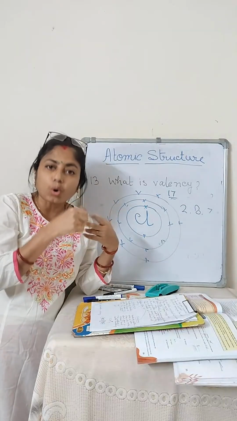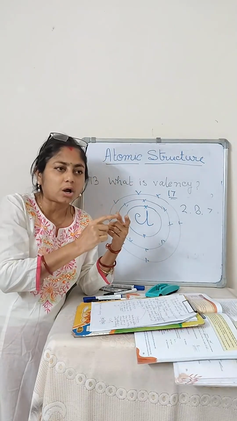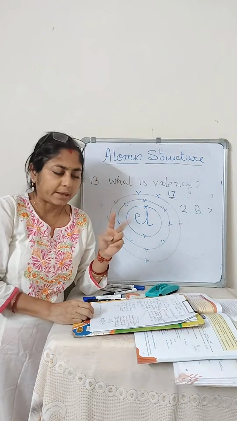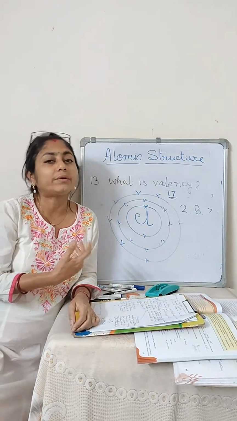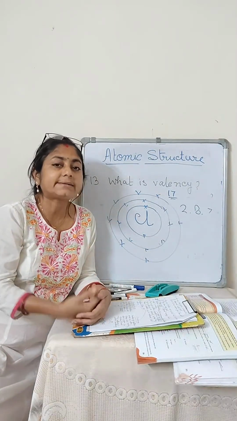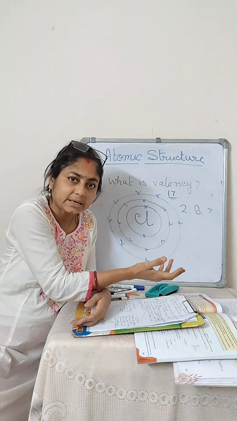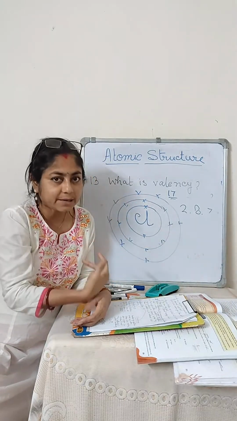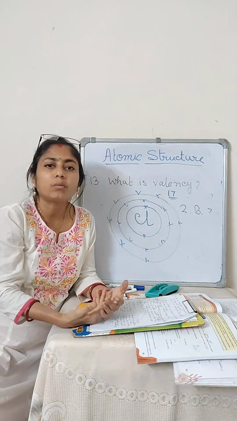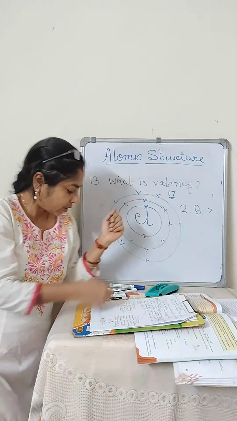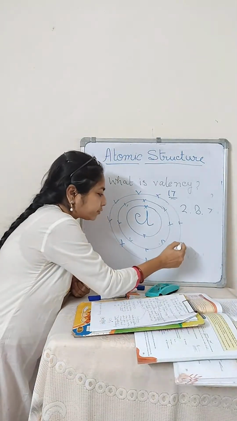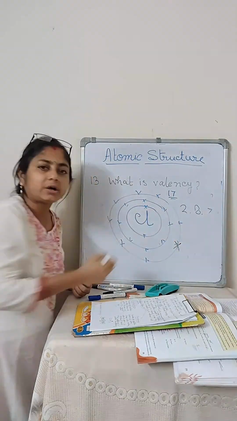Otherwise, chlorine can take 1 electron from others. Now you think which is easier? Donating 7 electrons or accepting 1 electron? Obviously accepting 1 electron is easier. So it takes 1 electron.